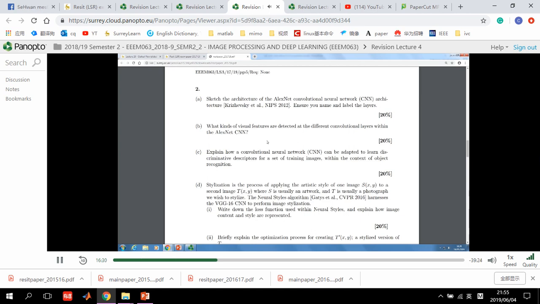Let's just say very quickly, what are the layers in AlexNet? What's the first? Convolution. Yeah, so we've got 5 convolutional stages and 2 fully connected layers, ending in a final fully connected layer with softmax loss.